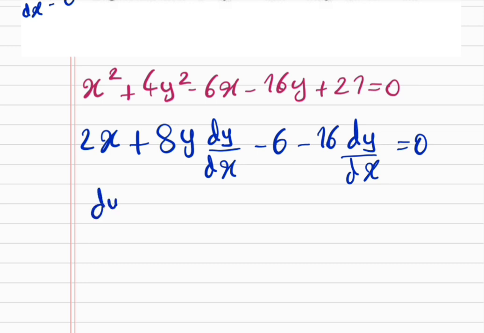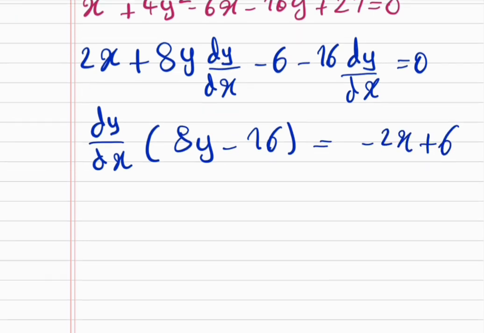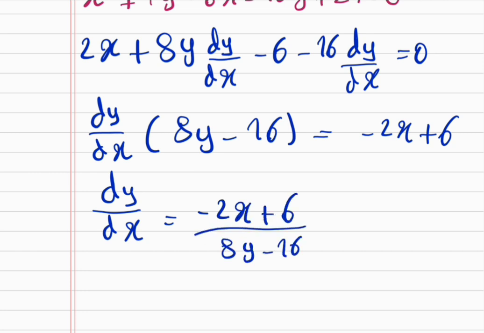So dy/dx times (8y minus 16) is equal to minus 2x plus 6. The next step is dividing by the bracket on the left hand side, so that we have (minus 2x plus 6) over (8y minus 16).